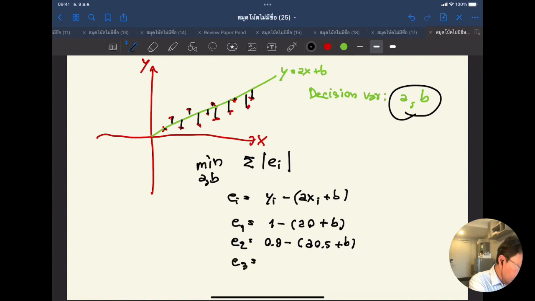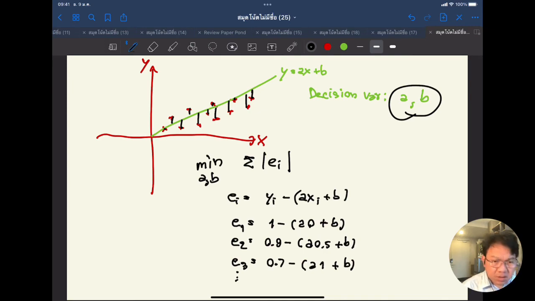And our E3 is 0.7 subtracted with a times 1 plus b, okay? You can write the other expressions representing E4 to E19 by yourself, okay? So this is the way we formulate our optimization problem in order to minimize the summation of absolute deviation.